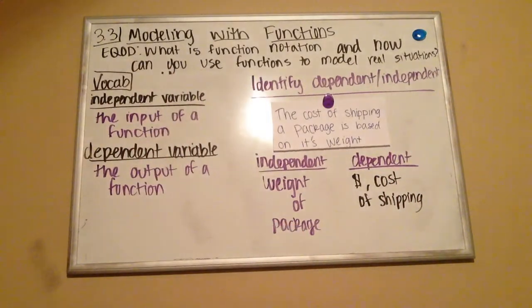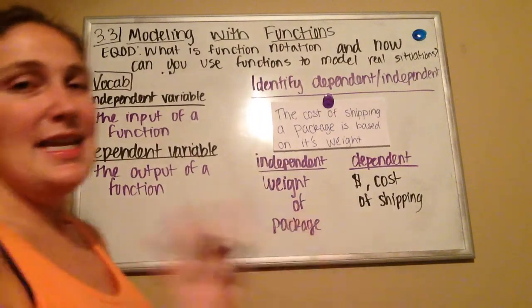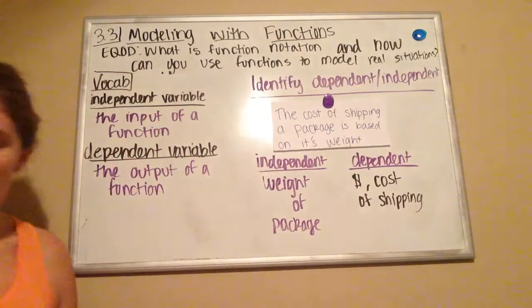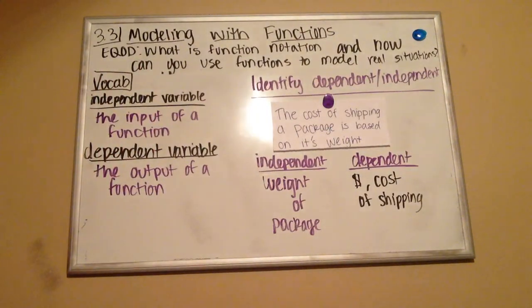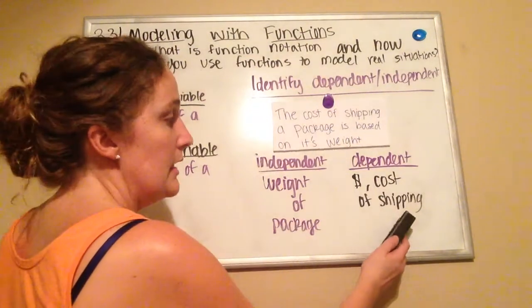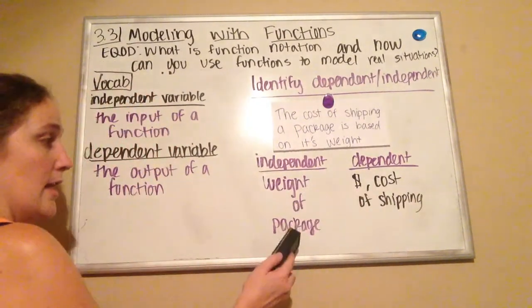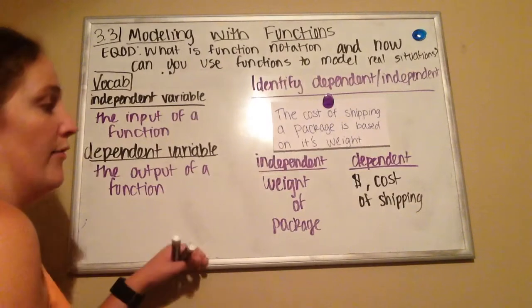Cool. So we're looking at what's the independent, what's the input, and what's coming out of the process. Okay, so what depends on the other thing? This one depends on the independent. So the cost of shipping depends on the weight of the package.